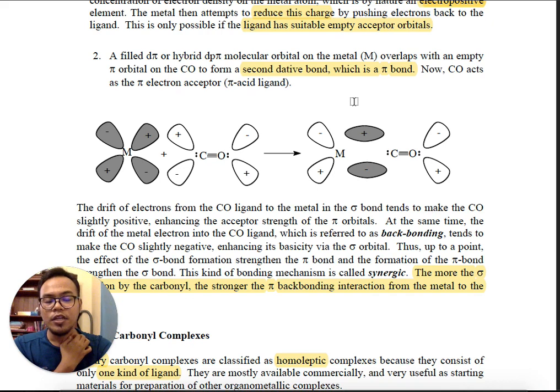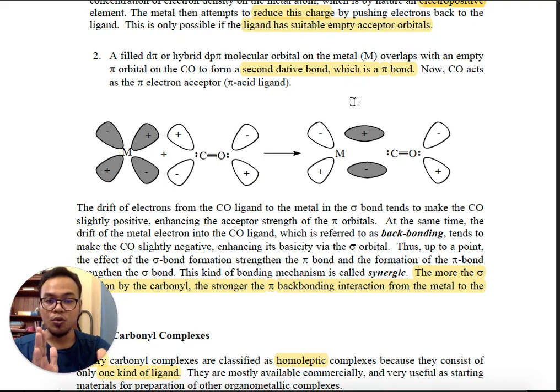Remember just now I told you that for the metal to be able to reduce the charge, it must be pushing the electrons back to the ligand. But this can only happen if your ligands have available empty orbitals. In this case, we have carbonyl, and carbonyl does have the empty orbitals. That's why we call it pi acid ligand.